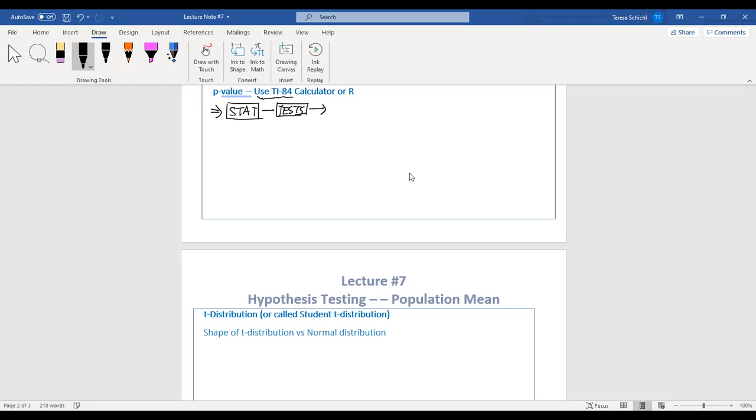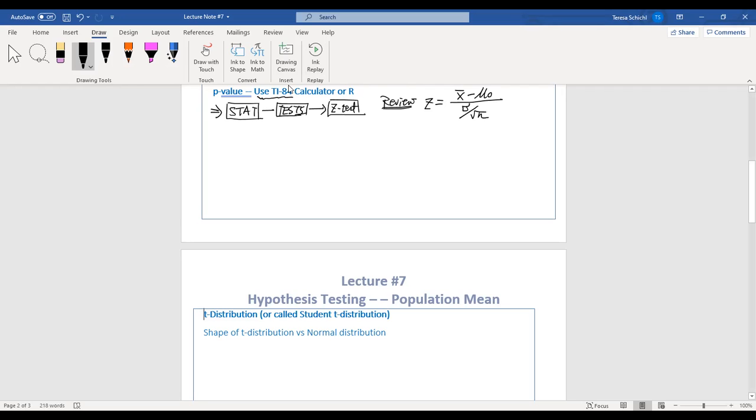Now, under the test, what do we do here? We do the z-test. Let's refresh our memories. The z-test uses your sample average minus mu0, the mean you want to test, divided by sigma over the square root of n.